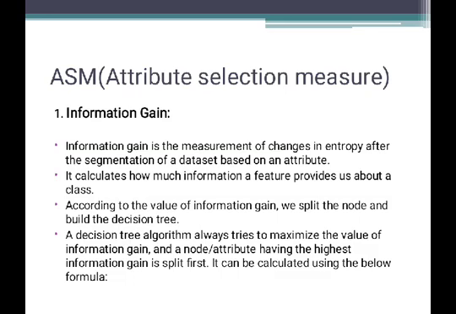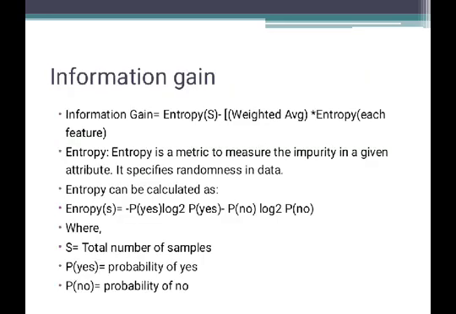A decision tree algorithm always tries to maximize the value of the information gain, and the node or attribute having the highest information gain will split first. It can be calculated using the below formula. Information gain is equal to entropy of S minus the weighted average times the entropy of each feature.